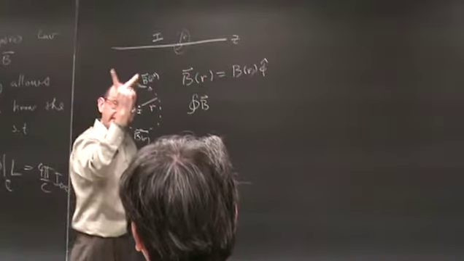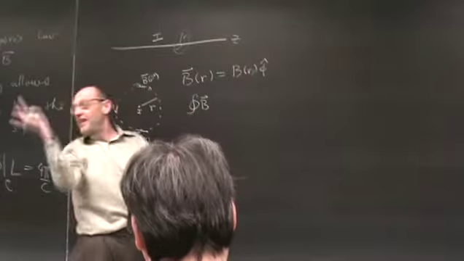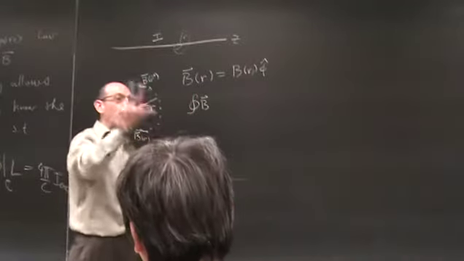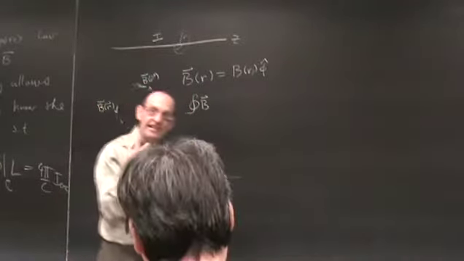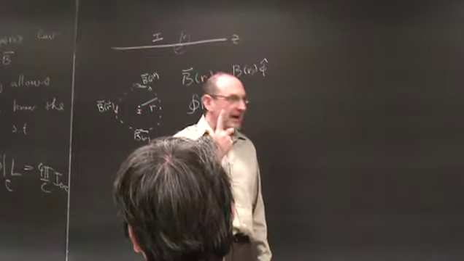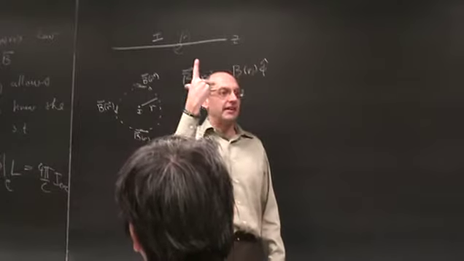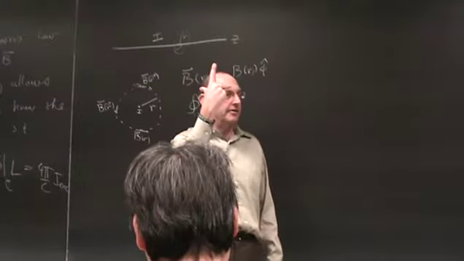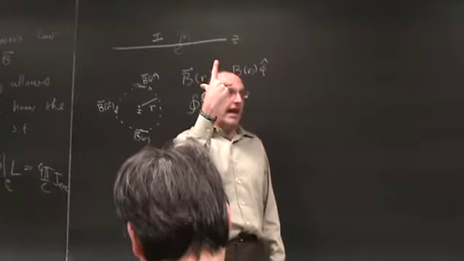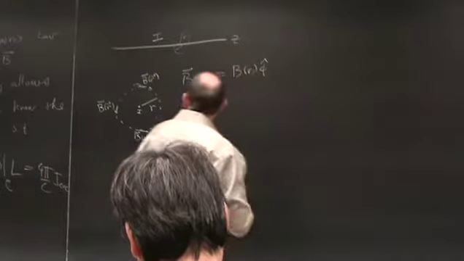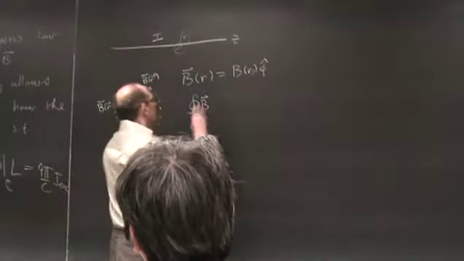Curvilinear coordinates are such that the unit vectors depend on where you are. Cartesian coordinates are special in that the x hat, y hat, z hat vectors are the same no matter where I am.